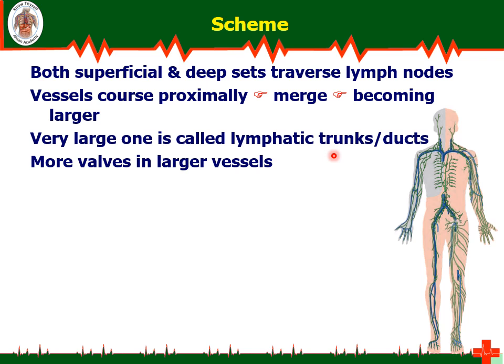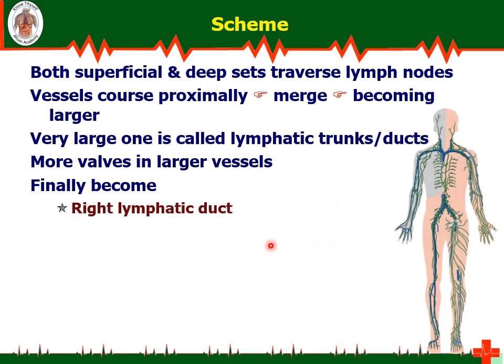Ultimately, these trunks and ducts open into the venous circulation. They have valves, and the number of valves increases with the size of the lymphatic vessels. Finally, they become the right lymphatic duct for the right side.